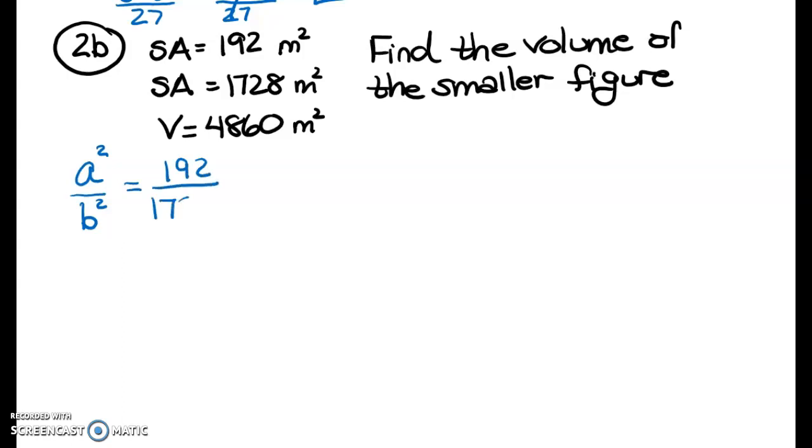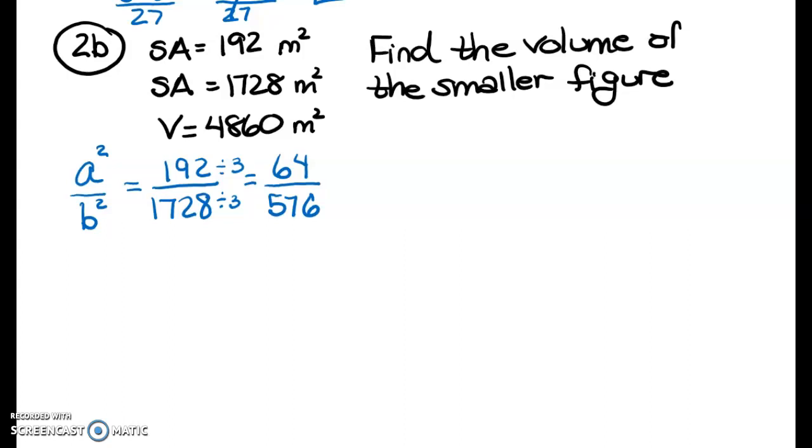192 over 1728. And then I look at this and I notice if I add up all the digits, I get 12, which is divisible by 3. And then I get 1 plus 7 is 8, 10, 18, which is divisible by 3. So I can reduce this by a factor of 3. So I get 64 and for this one, I get 576.